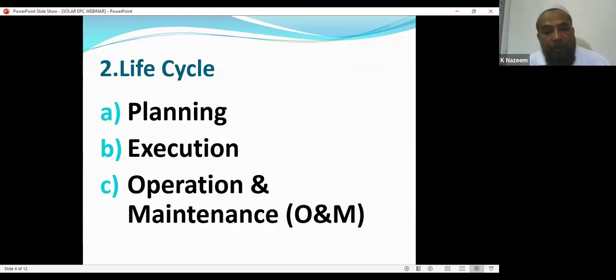Solar domain needs 5 types of engineering. One is civil engineering, the second is mechanical engineering, the third is electrical engineering, the fourth is electronics, and the fifth is computers.